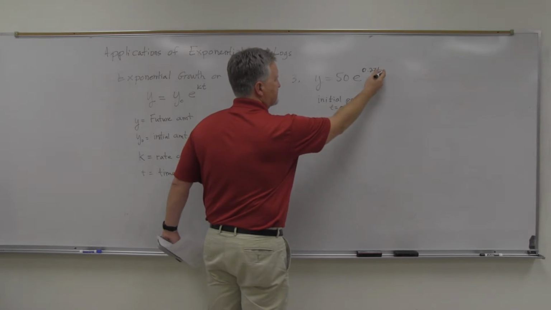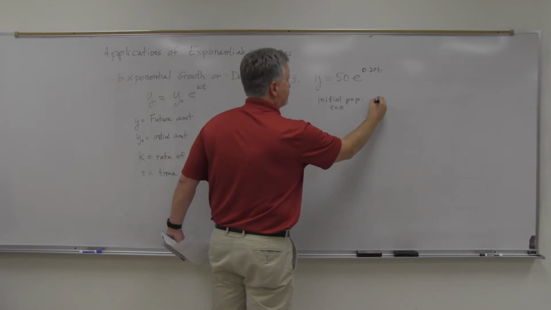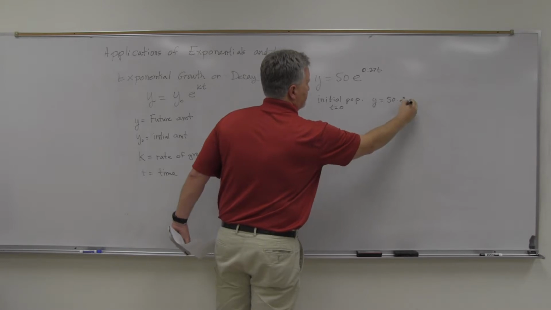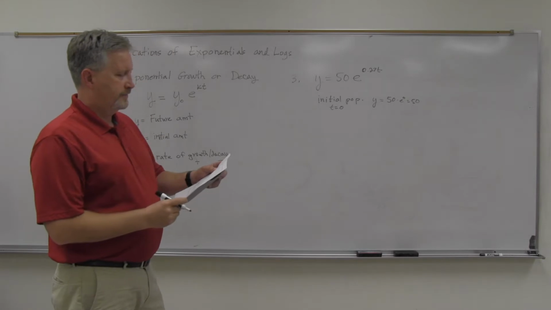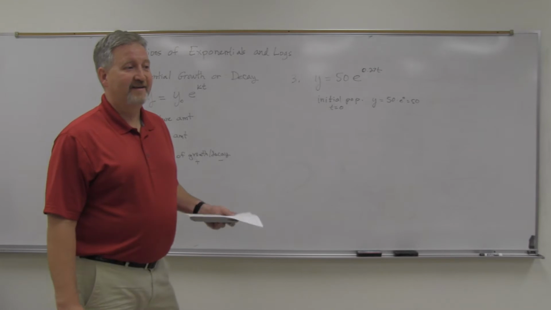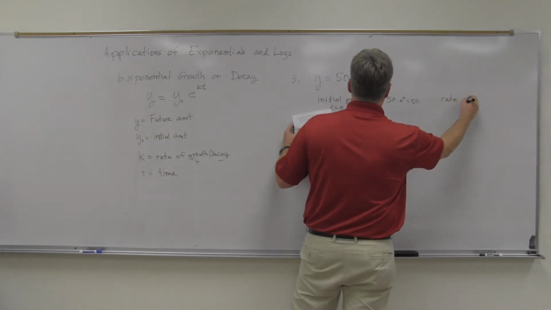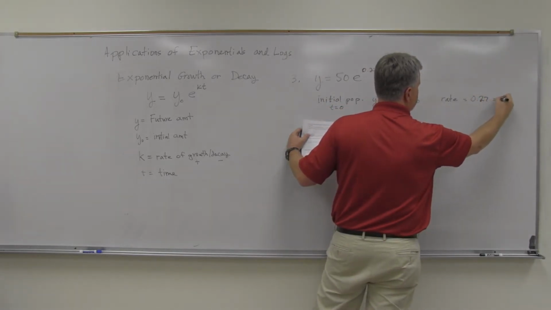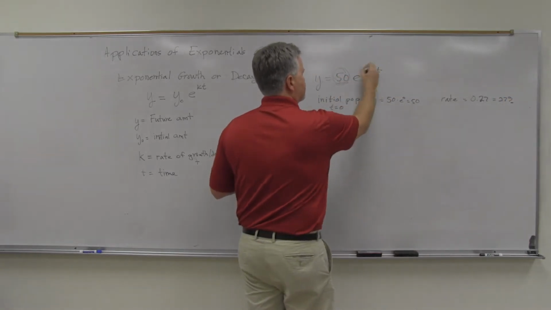So if I plug in t to be 0, that would be e to the 0, which is 1, times 50. It's just 50. There are no units on it, so it's just 50. The initial population is 50. What's the growth rate? 0.27, or 27%. So that's just getting you to understand that this is the initial population, and this is the growth rate, or decay rate.